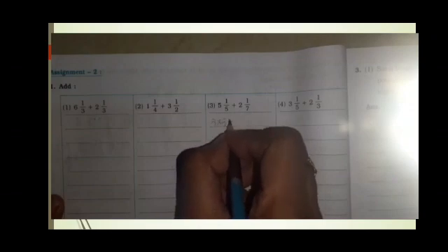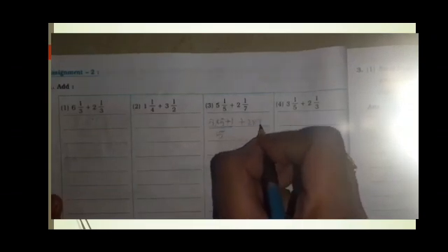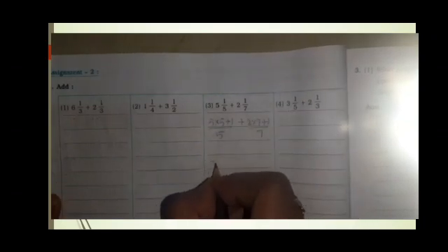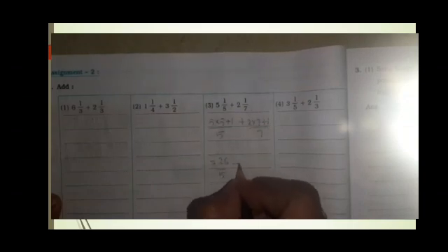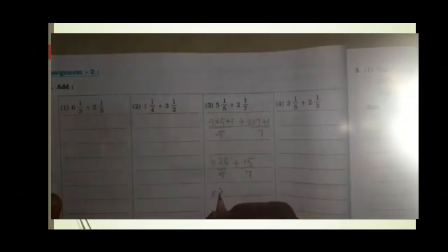5 ones are 5 plus 1 upon 5 plus 2 sevens are 7 plus 1 upon 7. Now 5 5s are 25 plus 1, 26 upon 5 plus 2 sevens are 14 plus 1, 15 upon 7. Denominators are not same, we will make denominators same by cross multiplication.